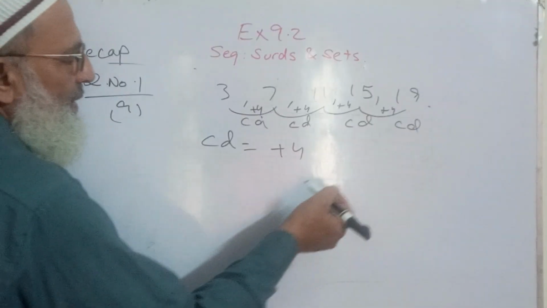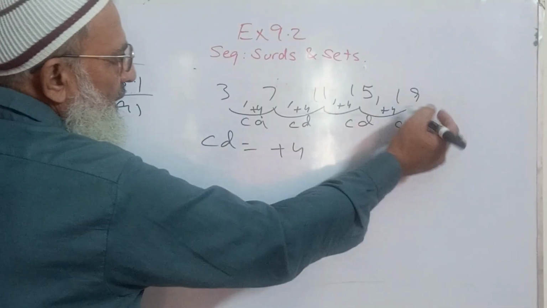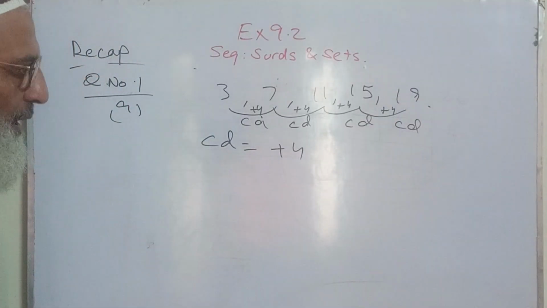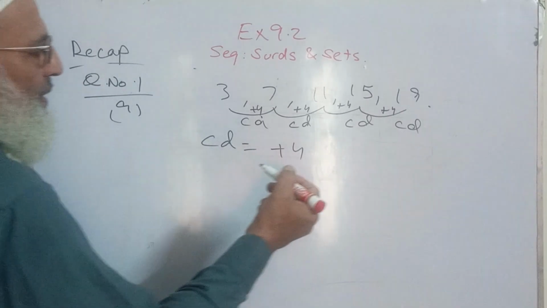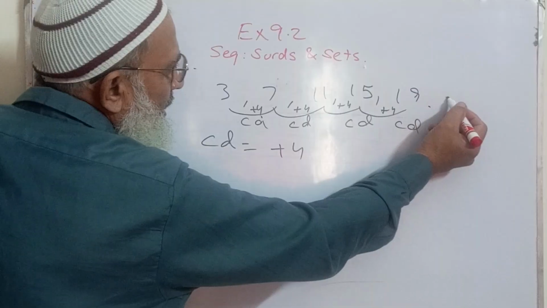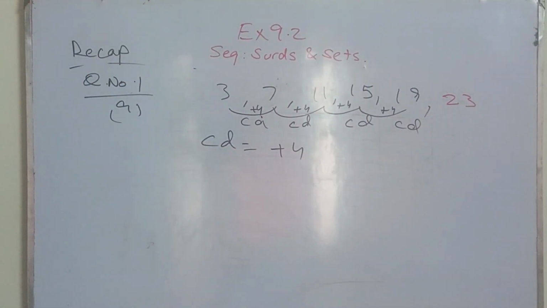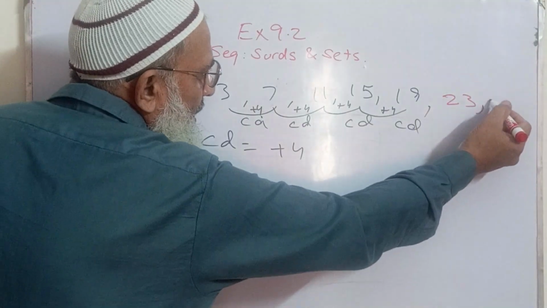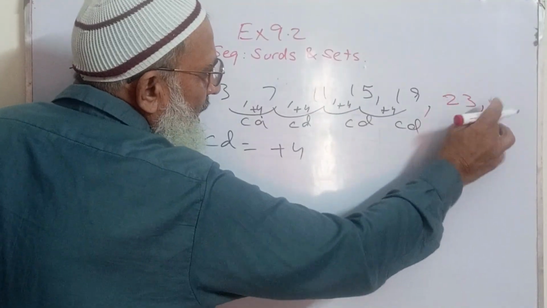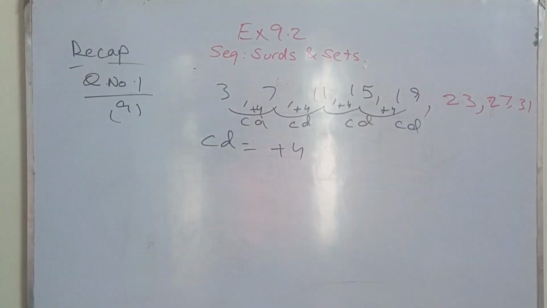Just add 4 to 19. So our answer will start: 19 plus 4 is 23, and 4 more is 27, and 4 more is 31. So these are the next three terms.